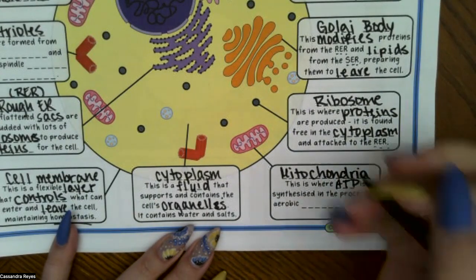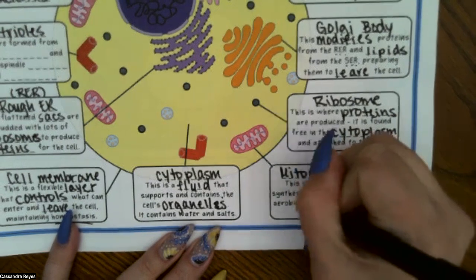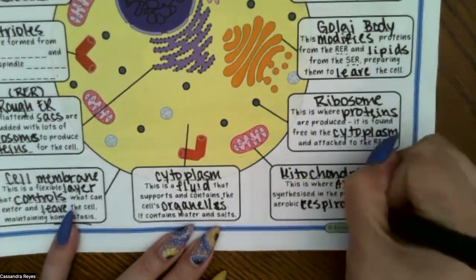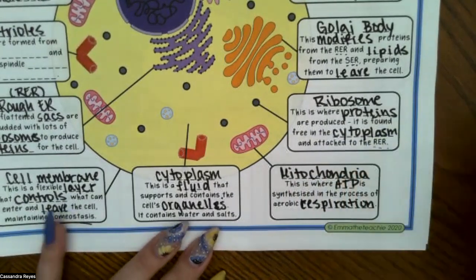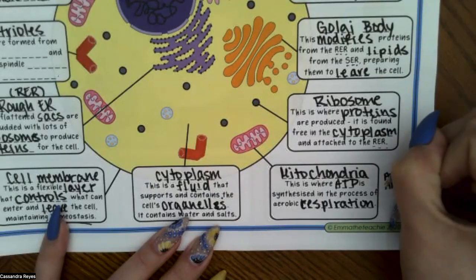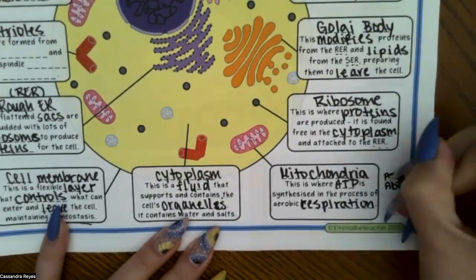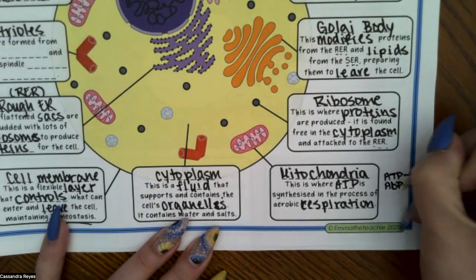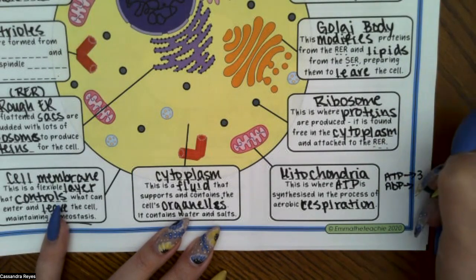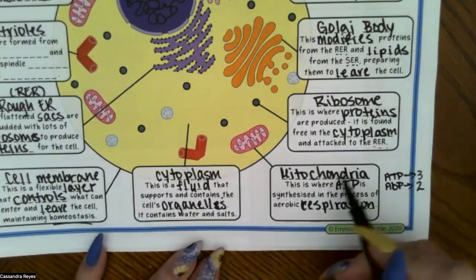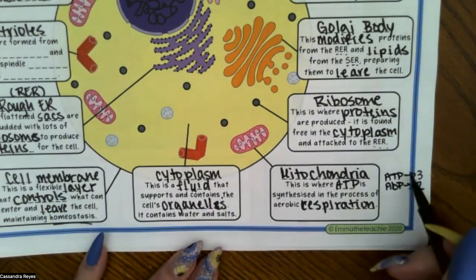Anyways, the mitochondria is going to be where ATP is synthesized in the process of aerobic respiration. Now ATP, remember I told you guys there's ATP and then there was ADP. ATP means there are 3 phosphorus, and ADP means there are 2 phosphorus. So ATP is the charged version.